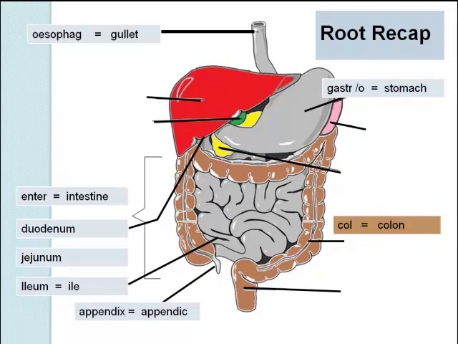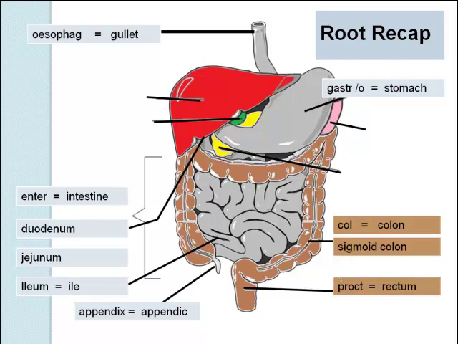At the beginning of the colon, you find the appendix dangling down there. It's part of your immune system. The sigmoid colon is the last part of the colon before it enters the rectum. And the rectum, proct. Your pancreas, where the insulin is made, is pancreat.